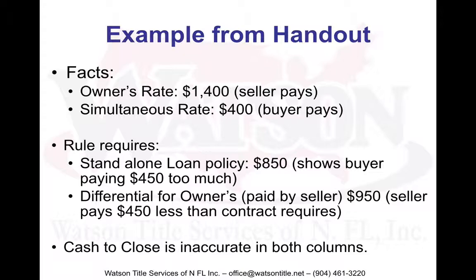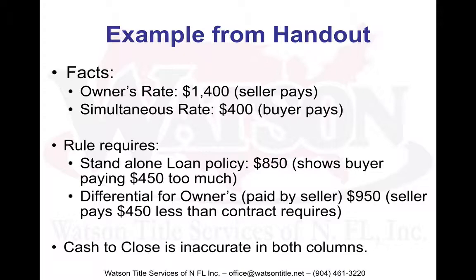The owner's premium of $1,400: by the rule requirement, from that $1,400, we have to add in the simultaneous issue rate of $400, bringing the total to $1,800. Then the rule requires us to subtract out the theoretical standalone policy value of $850. That shows on paper the owner's policy costing the seller $950, $450 less than the contract requires.